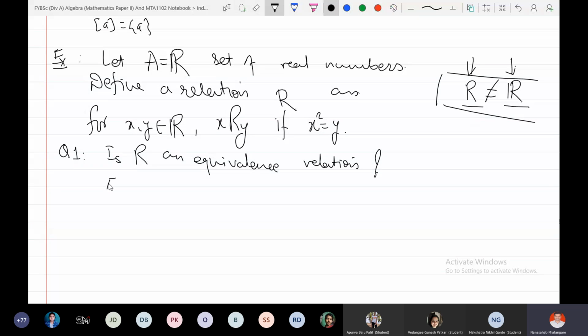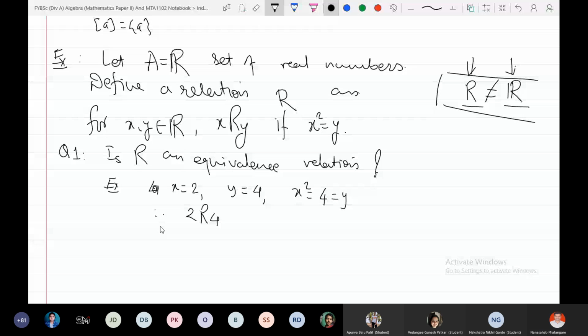So, for example, if I take x equal to 2 and y equal to 4, then what is x square? x square is 2 square, that is 4, which is y, and therefore what can I say here? 2 is related to 4. 2 is related to 4.